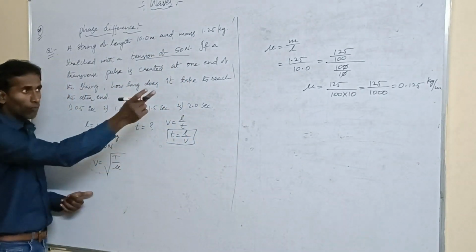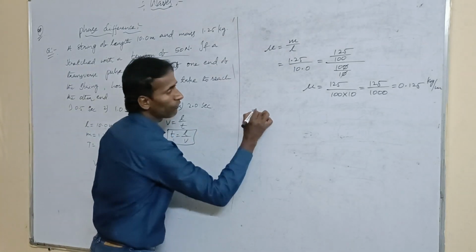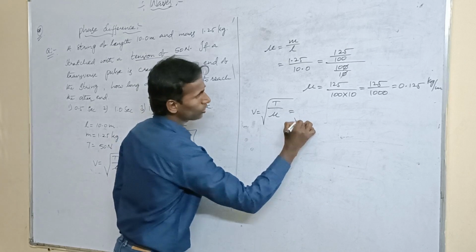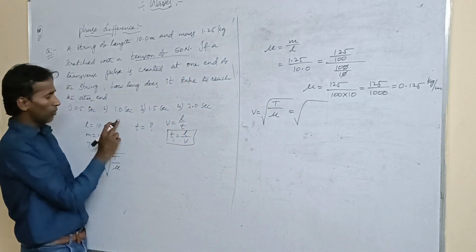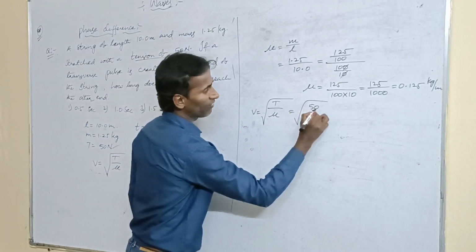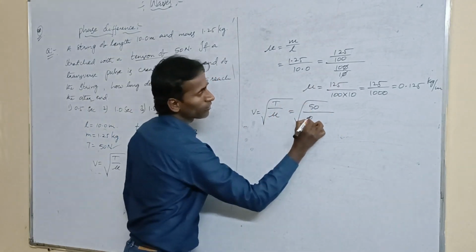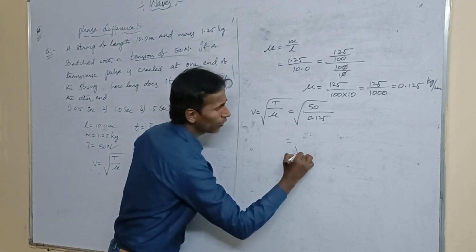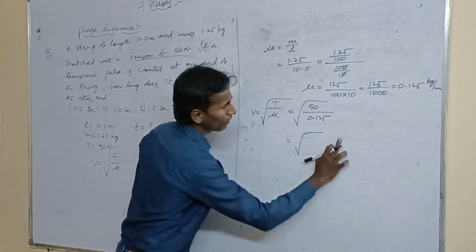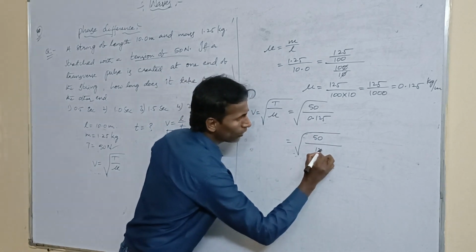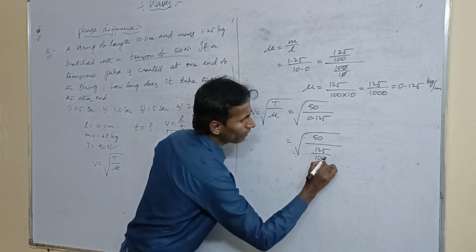That we have to take and substitute in the formula, sir. V is equal to under root of T by mu. The T value is 50 newtons given, 50 by the mu value 0.125. So we get under root of 50 by 125 by 1000.